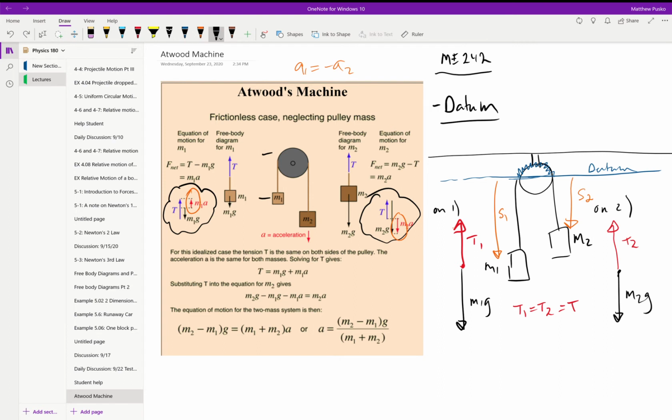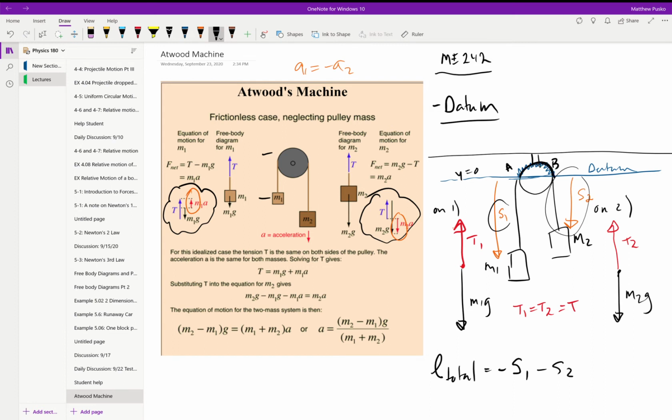So let's do it. If I say the total length of the string and then just start adding it up, if this is some y equal to 0, we'll call this a minus S1 right here. And then when we add up this piece, we get a minus S2. We can actually add this piece in here too.